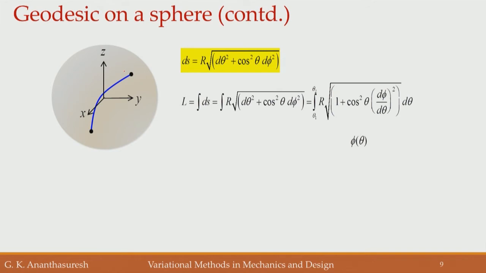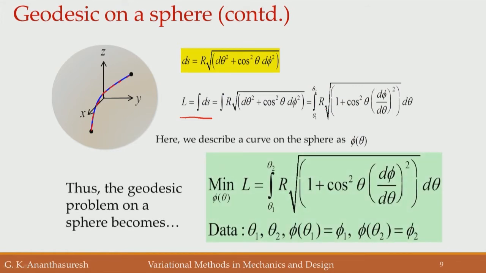In order to get that length, we take this L and integrate it all along this curve. If I take d theta square plus cosine square theta d phi square, and take d theta out, that gives you 1 plus cosine square theta times d phi by d theta squared, and this will be the length of the curve there.